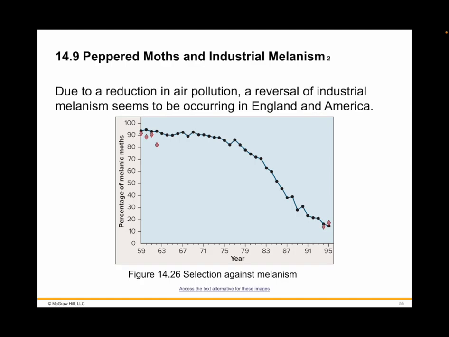Then the American Clean Air Act passed in 1963 led to significant reductions in air pollution. When resampled in 1994, the Detroit field station peppered moth population had only 15% melanic moths. The moths in Liverpool and Detroit exhibit strong evidence of natural selection.